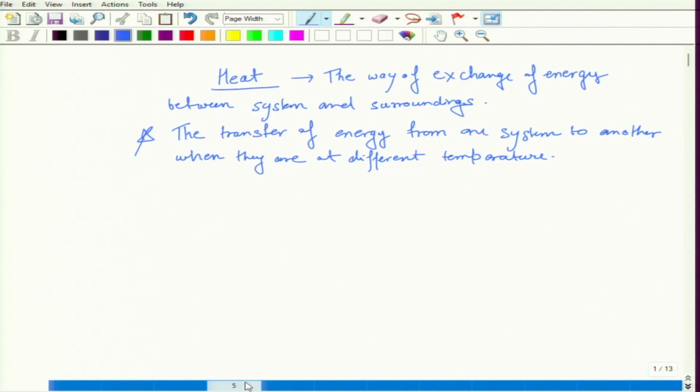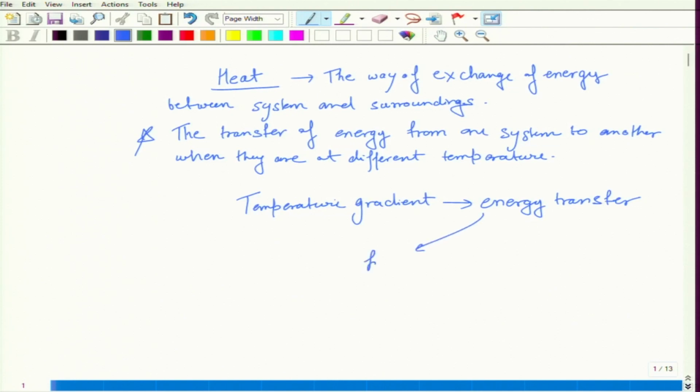So the notion of heat lies in the fact that there should be a temperature gradient due to which there is an energy transfer, and this energy transfer we are calling heat.